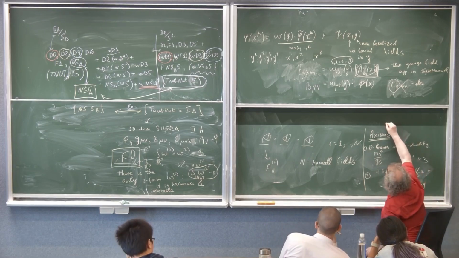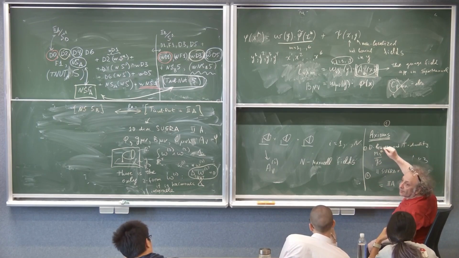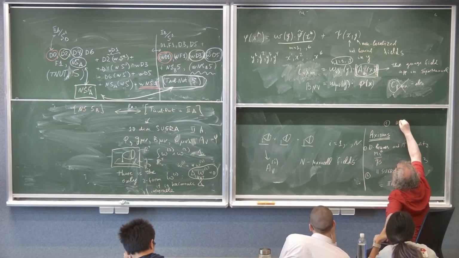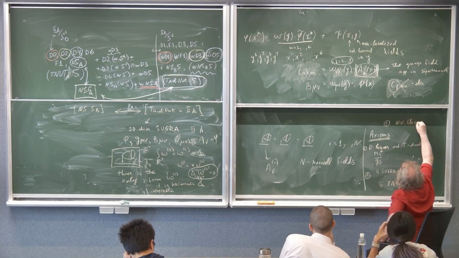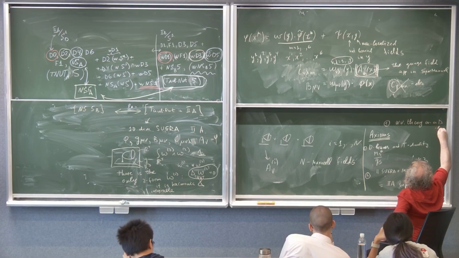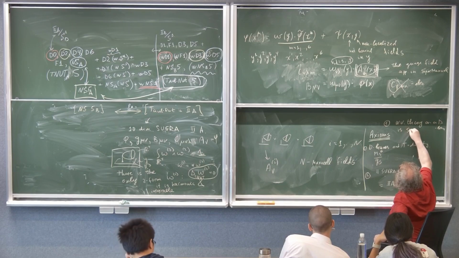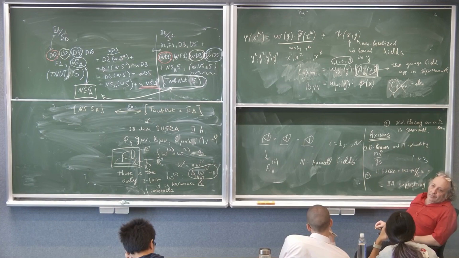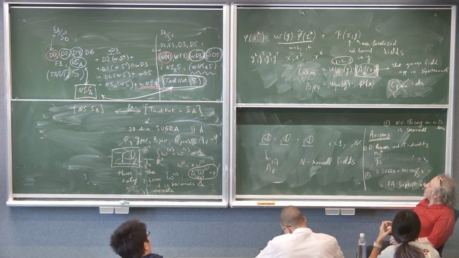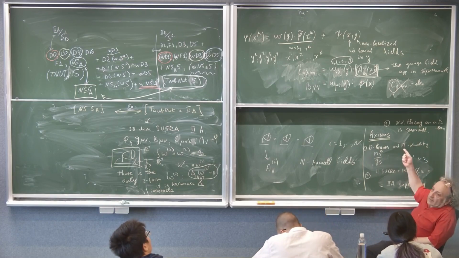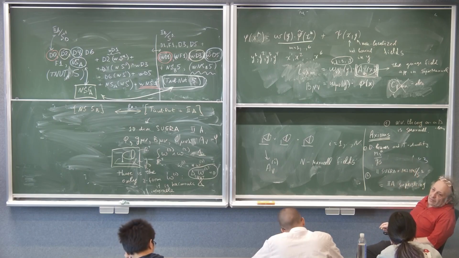I use the axiom number 3, that the world volume theory on a D brane is supermaximal. And I can test compatibility of these axioms. I see that they are compatible.